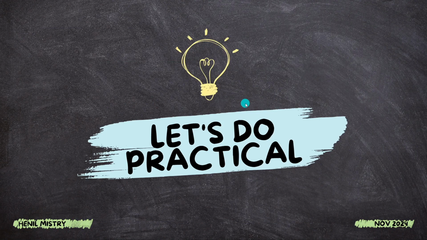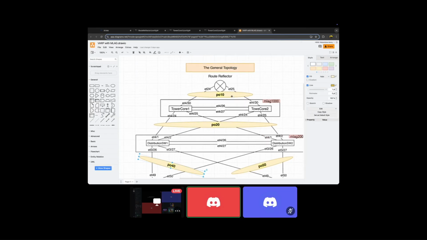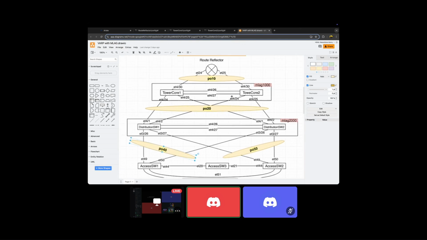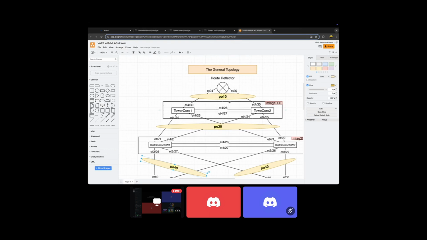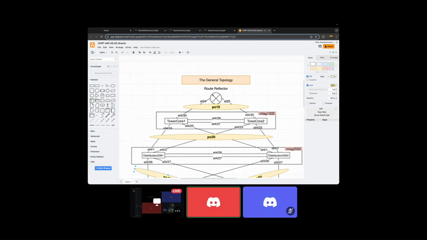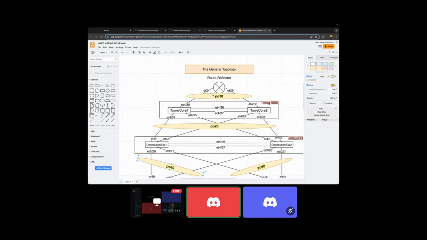So now let's do the practical, and I'll quickly demonstrate how VRRP works. You might already know about this topology that we took in the videos of previous sessions. Do not think about, or notice, these port channels or MLAG that I have written over here.